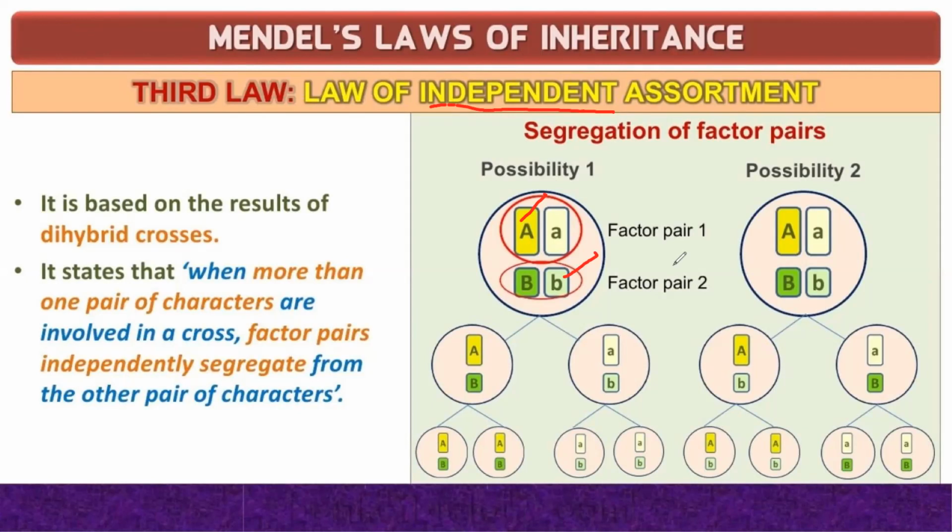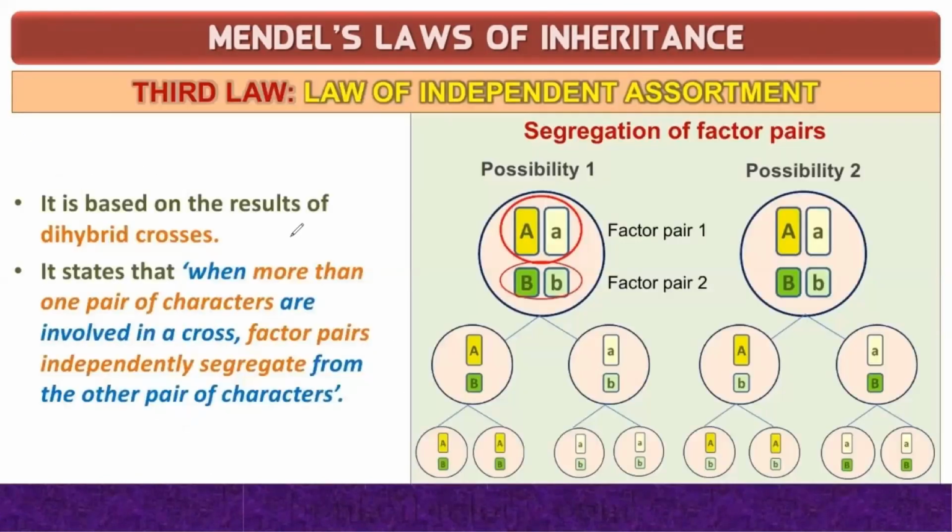Clear? So it's not mandatory that one gene A is connected to capital B. No. Capital A can go with capital B or small b, whereas on the other hand, small a can go with capital B or small b. They are independently segregated.